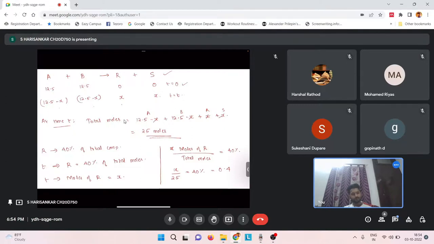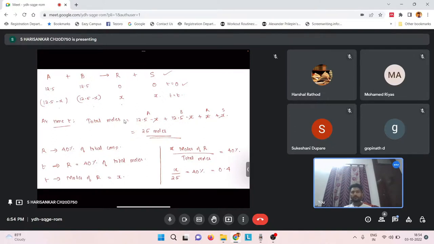And using these data, we can find the total moles, which is just the sum of these moles of individual reactants and products, which will be 25 moles at all times. So at t equal to 0 also it is 25 moles, and t equal to t it is 25 moles. This is because the stoichiometry here is 1 for all the reactants and products.